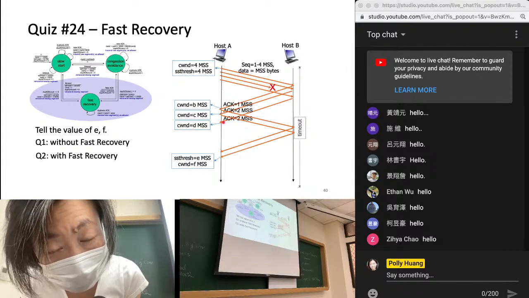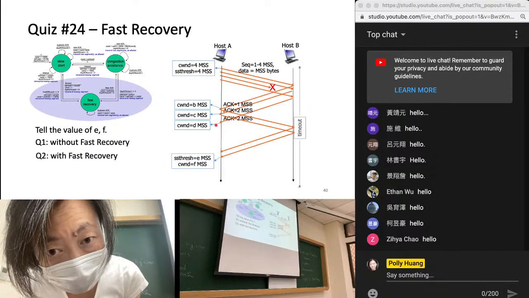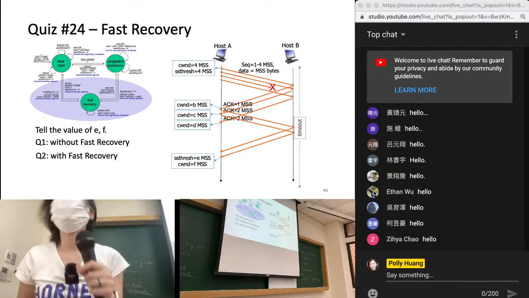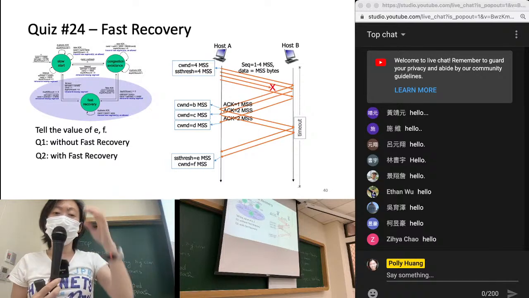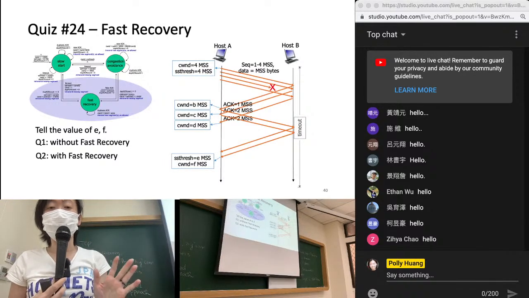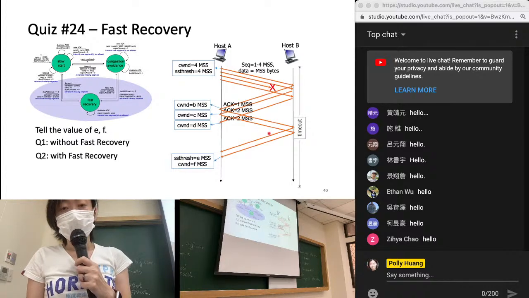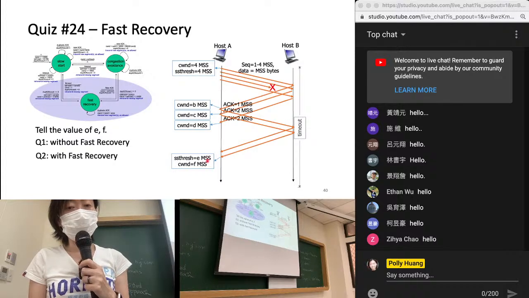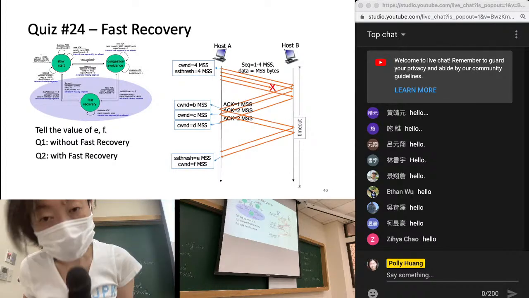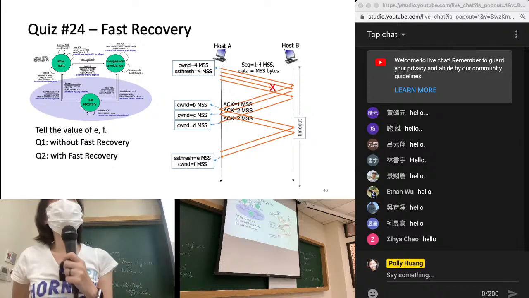Now, the second ACK 2 MSS, when it arrives at host A, because it's a duplicate ACK, we only increment the counter by 1 and do nothing. So window size is not bigger, and if there's no triggering from the application layer, there's not going to be more data going out. The thing is that the ACKs for these 2 additional packets are going to come back. What will be the ACK number there?